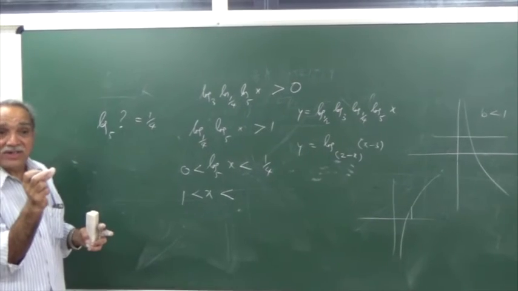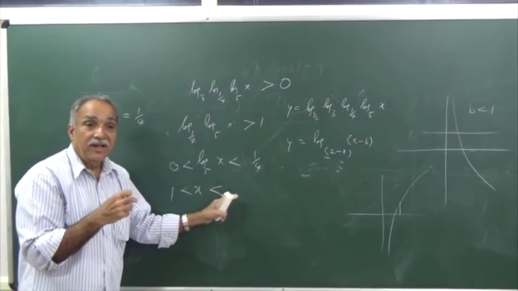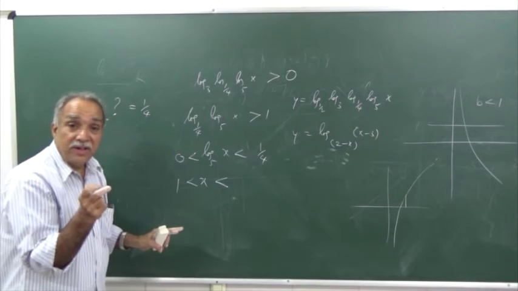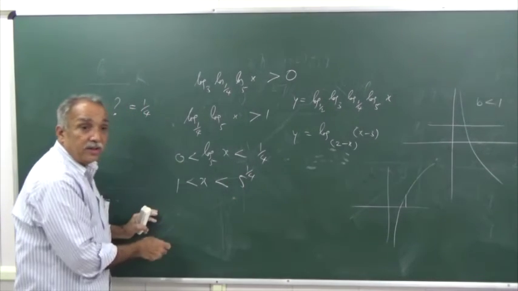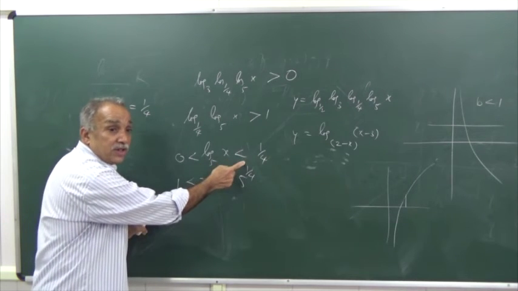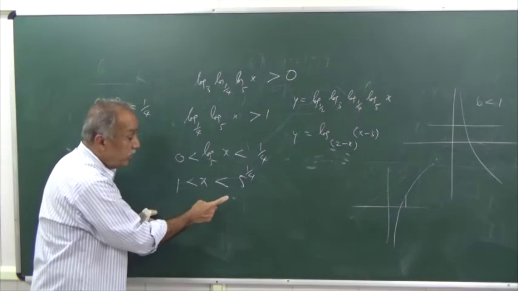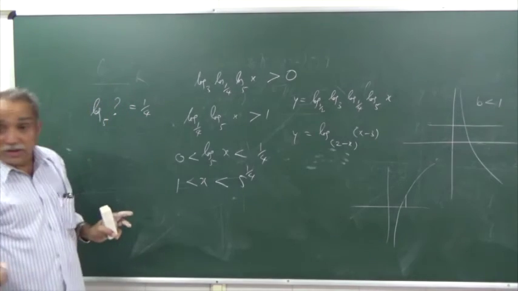Exact value, not greater than, less than. Exact value, that number will be placed here. 5 to the power 1 by 4. Can x be equal to that? If x is equal to this, this will be exactly 1 by 4, not less than 1 by 4, will be equal to 1 by 4. So, inequality is strict.